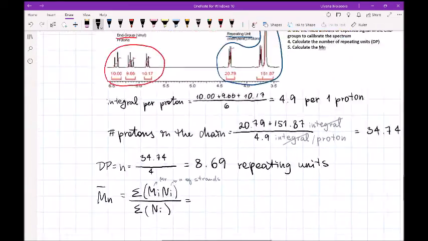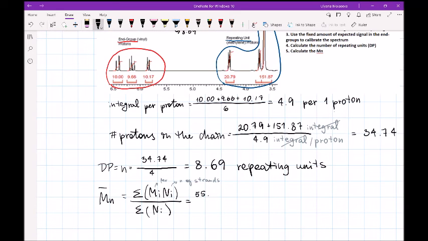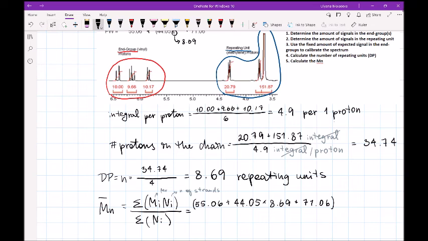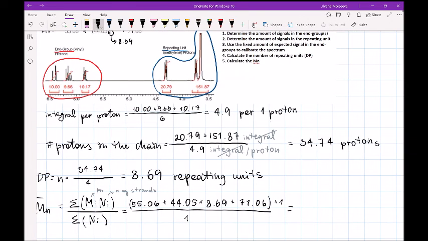So that would be 55.06 plus 44.05 multiplied with 8.69 plus 71.06. Our N is 1, and so we multiply by 1 here, we divide by 1 here. And that would result in roughly 509.